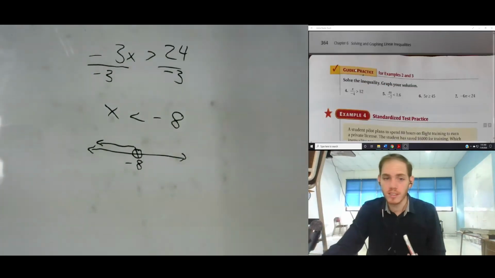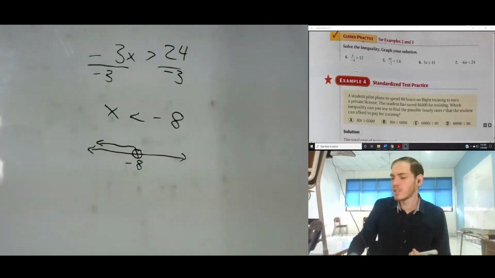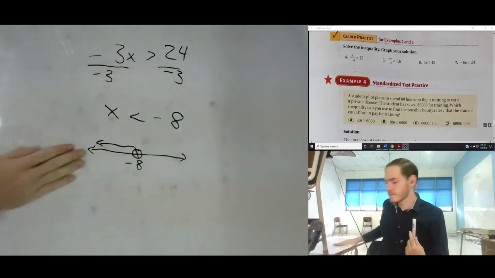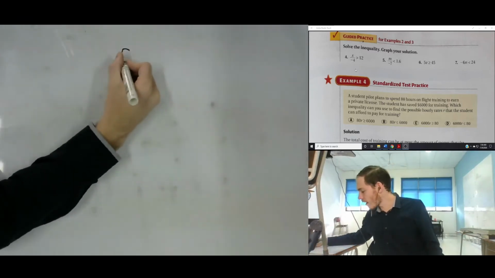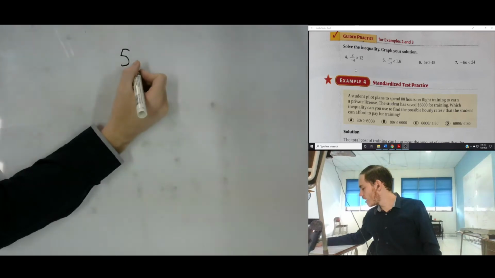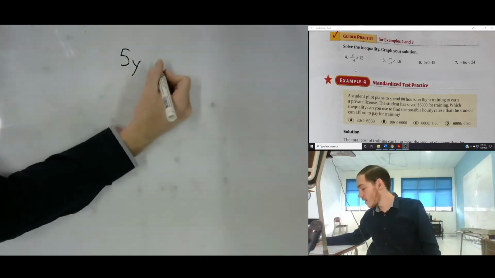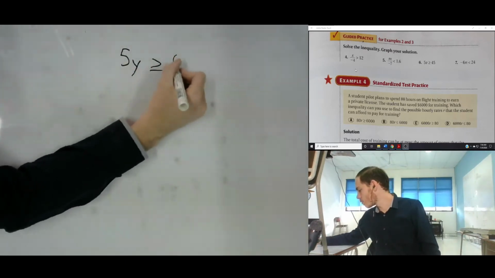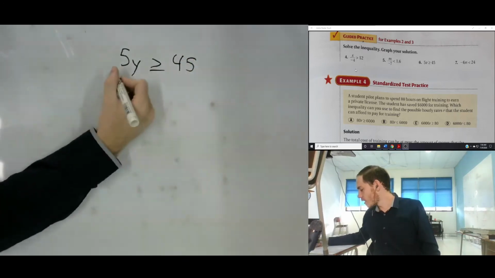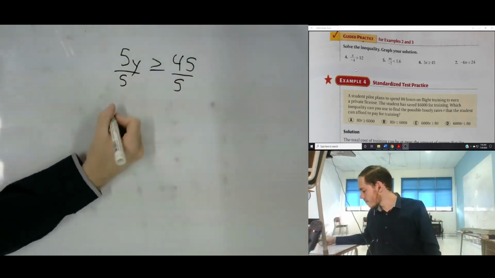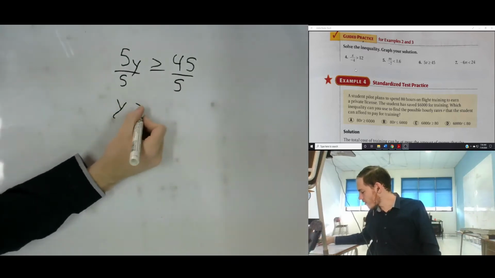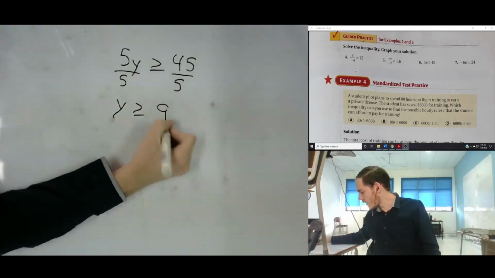But let's practice some more. Let's do one more like this. Let's do a positive one because that was a negative one. So let's do 5y is greater than or equal to 45. Again, we divide both sides by 5 to get the y by itself. y is going to be greater than or equal to 9.